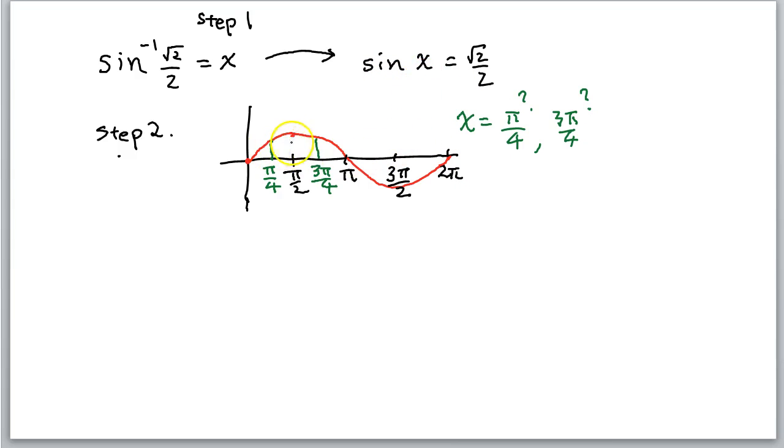If you try to define the inverse function of the sine function, you not only get one solution, you get many solutions. You get this solution, that solution, and if you remember that sine functions are periodic, it extends infinitely many times to the right and also to the left. So there are many other places where sine does give you square root of 2 over 2.